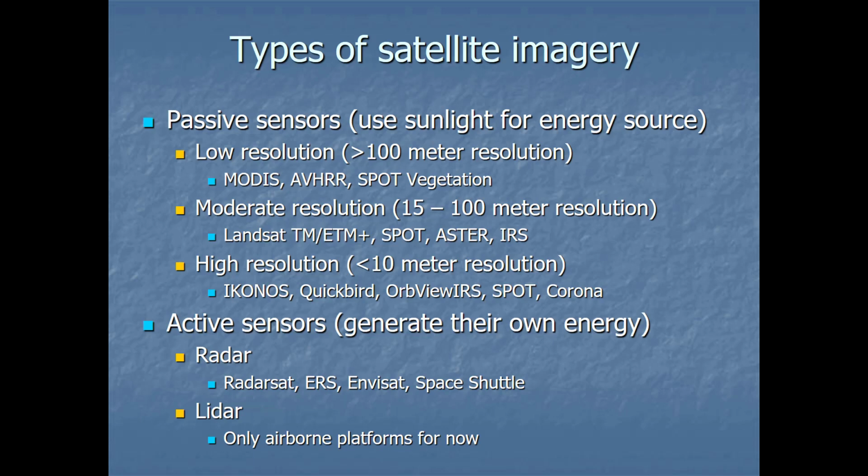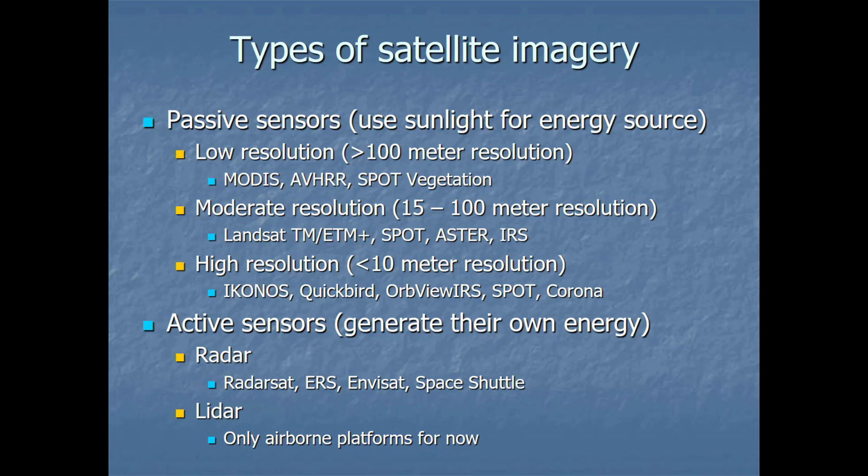It includes all of the Landsat satellites, including the TM and ETM plus the numbers 1, 2, 3, 5, 7, and 8, SPOT, ASTER, and IRS. And then finally, high resolution is less than 10 meter resolution and includes IKONOS, QuickBird, OrbView, IRS, SPOT, and Corona. In general, your higher resolution images are going to be costly.